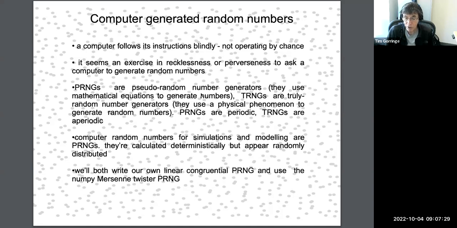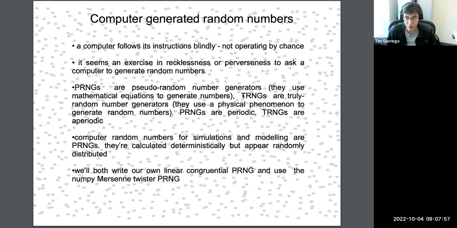They are not truly random; we just ask them to appear to be random. On the other hand, true random number generators use some physical phenomena to generate the random numbers, and they can be truly random numbers.